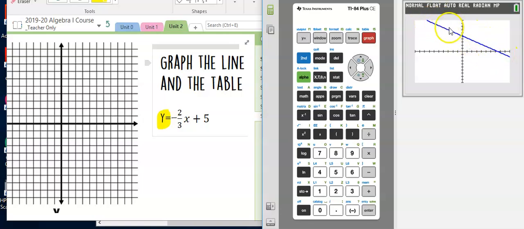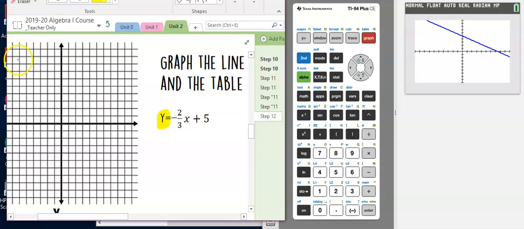The only problem is it's stuck on our calculator screen and we need to get it over here on the left on our paper or OneNote coordinate grid. And we could take a guess at what that's going to look like, something like that. But that's kind of messy and sloppy, and we want to be a little bit more precise than that.